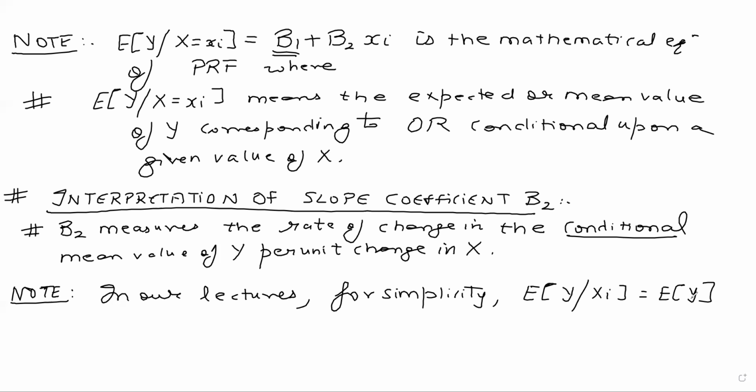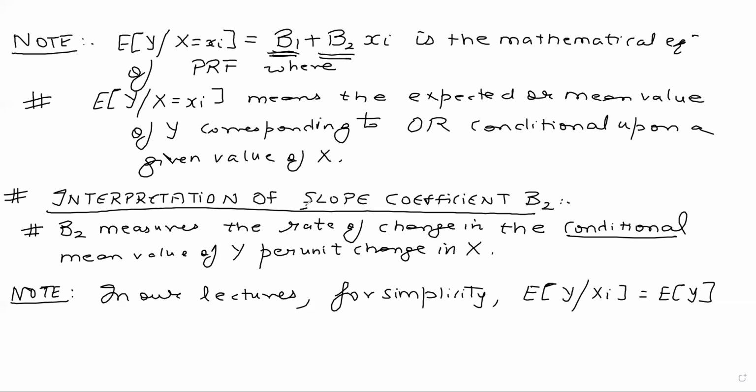We are interested in looking at the expected value of y given capital X takes a particular value xi. We join all these expected values, and we get the population regression function. It is a linear line with the slope coefficient as b2 and the intercept coefficient as b1.